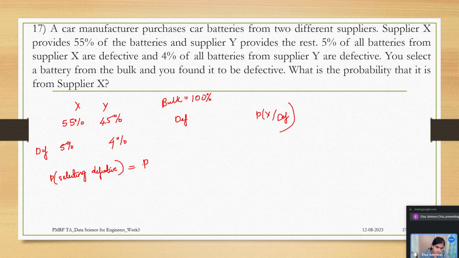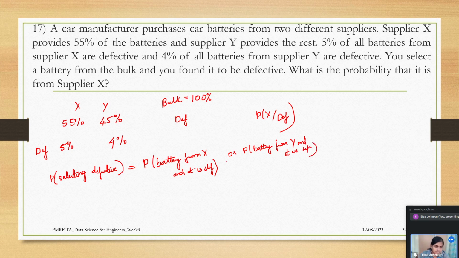So the probability of a battery from X and it is defective, or the probability of a battery from Y and it is defective.